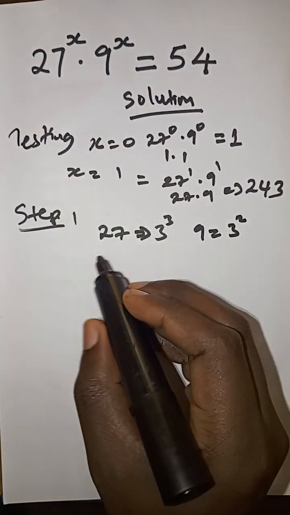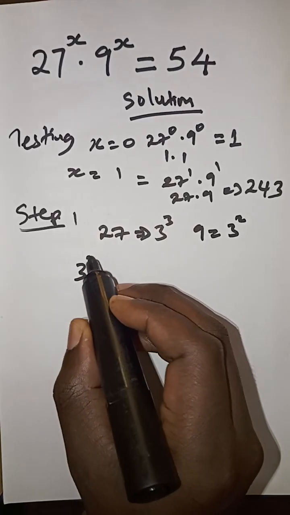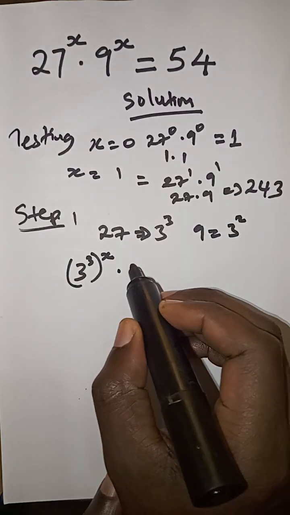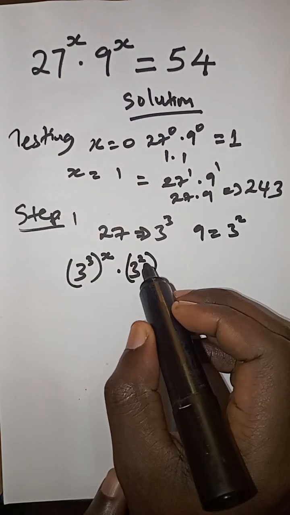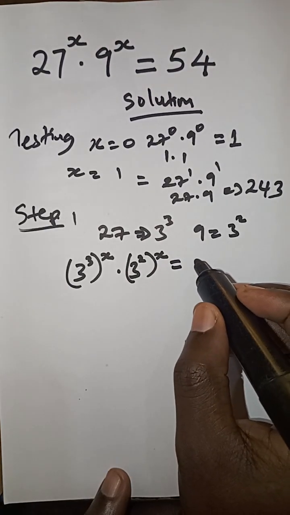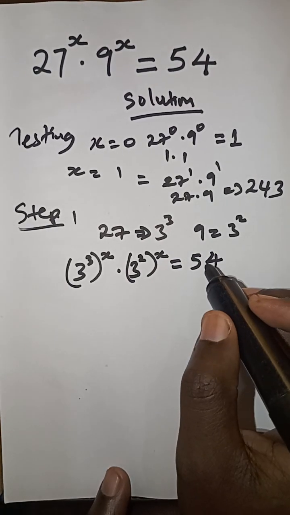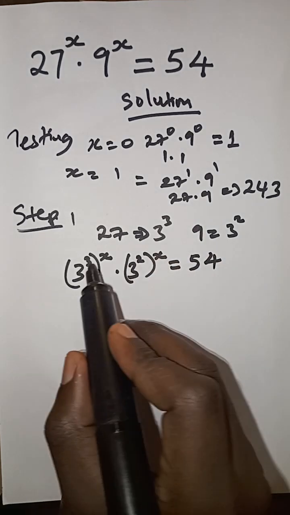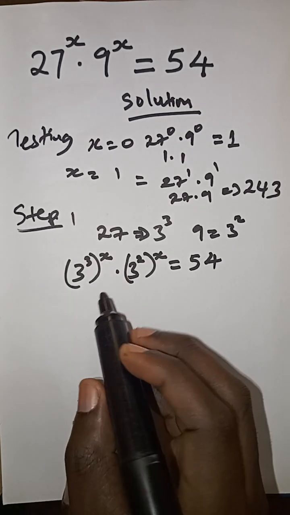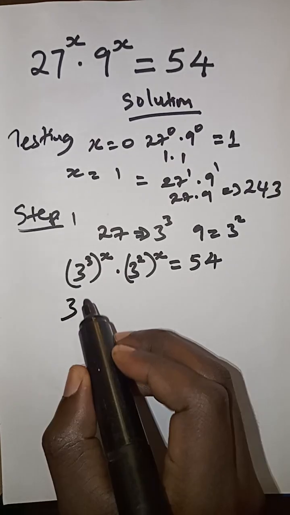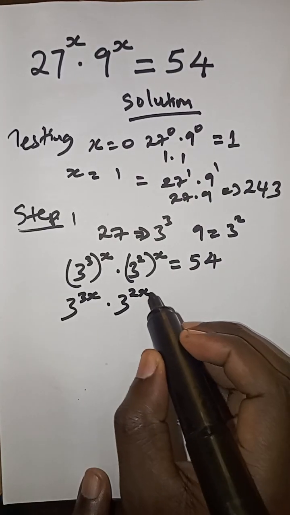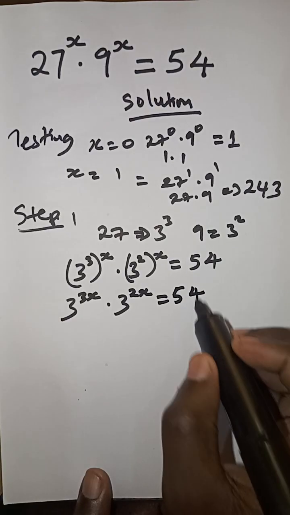Then replacing that, I'm going to have (3 to the power 3) outside, raised to x, multiplied by (3 to the power 2) to represent 9, outside raised to x, should give me 54. At this stage, I can open the bracket using x, and I'm going to have 3 to the power 3x multiplied by 3 to the power 2x should give me 54.